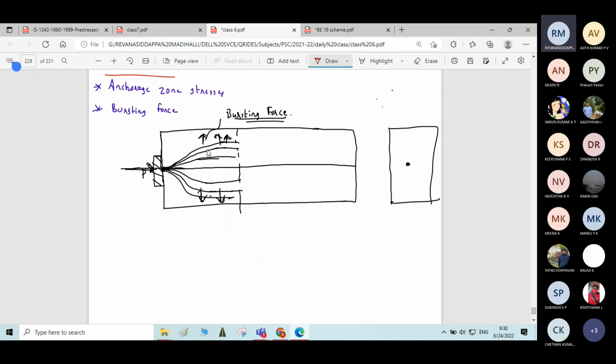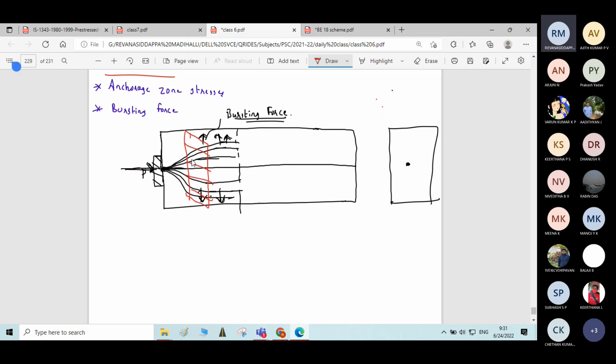To prevent this tensile bursting force, we will provide transverse reinforcement.